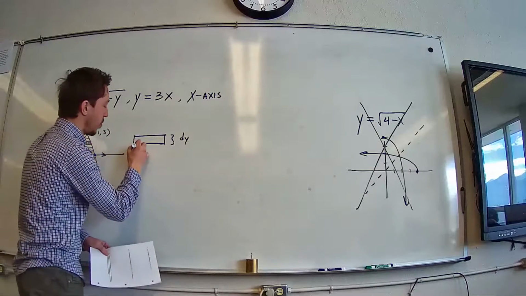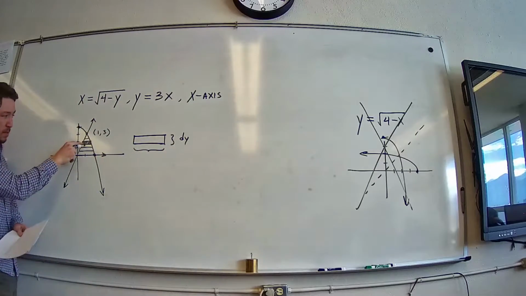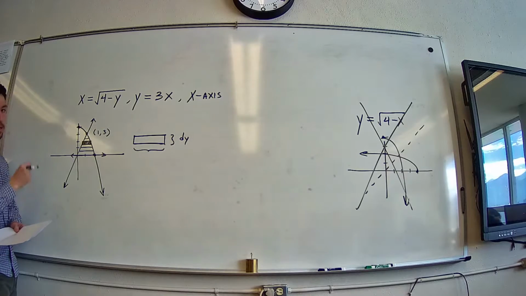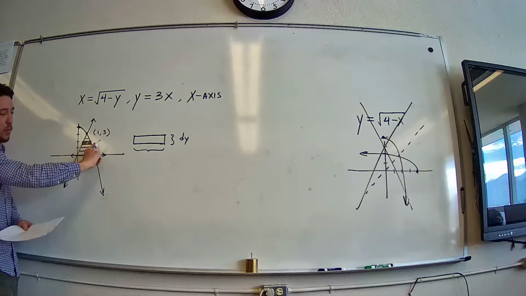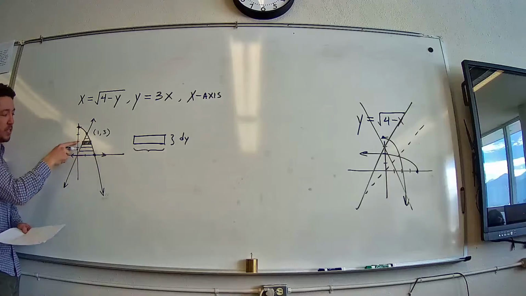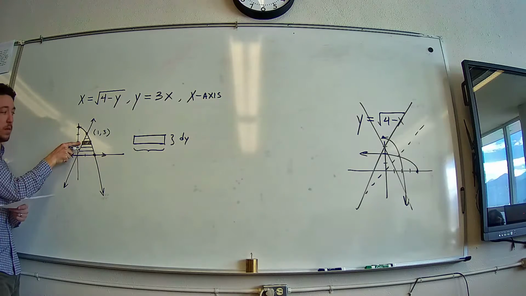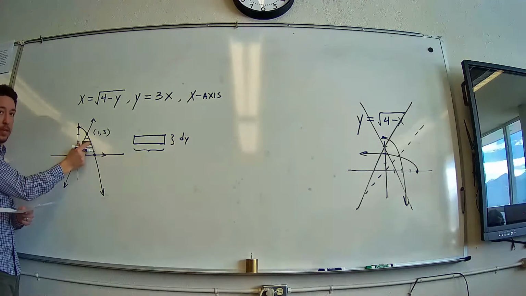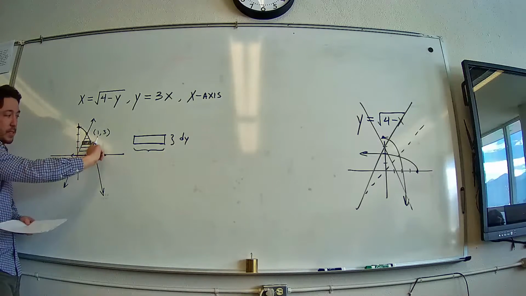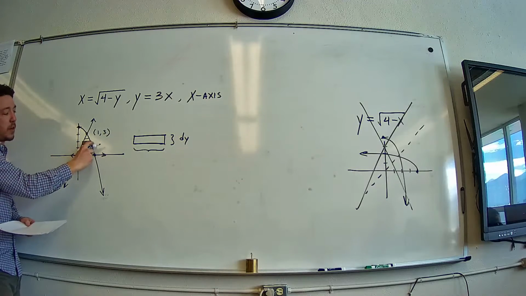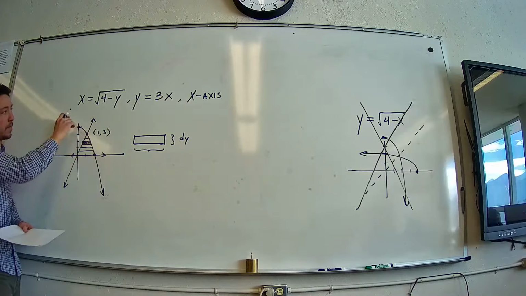Now, what's the width of that slice? It's the difference between this point's x value and this point's x value. Are there any questions on that idea? You sure? So what's the x value of a point on this curve?